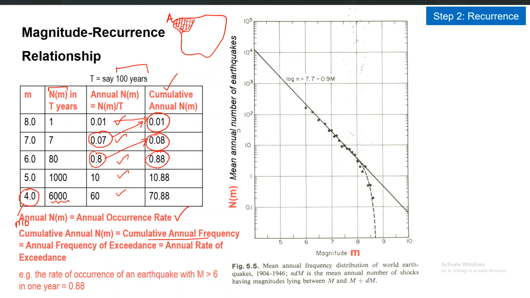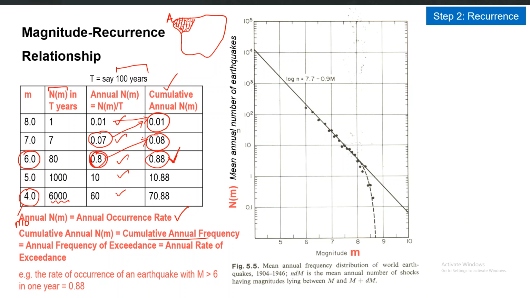because cumulative means that for any particular magnitude, say 6, this number also contains the annual frequencies or annual rates of the earthquakes having magnitude more than 6, because cumulative means that you are just summing them from the top, and then 0.88 includes not only the annual rate for magnitude 6 but also for 7 and 8.